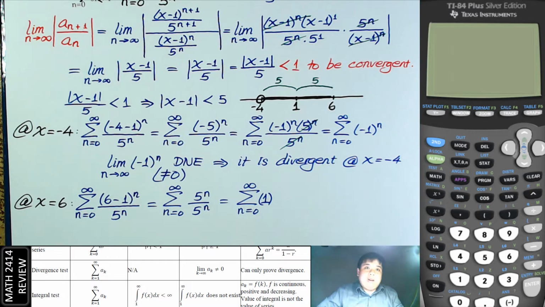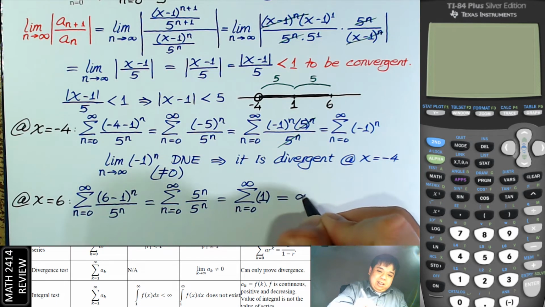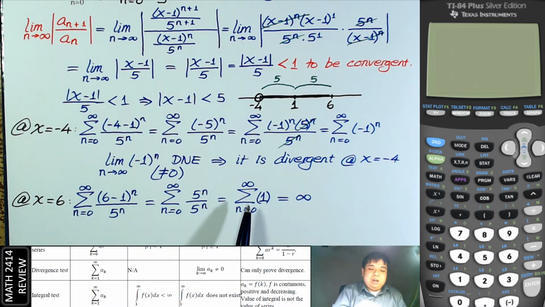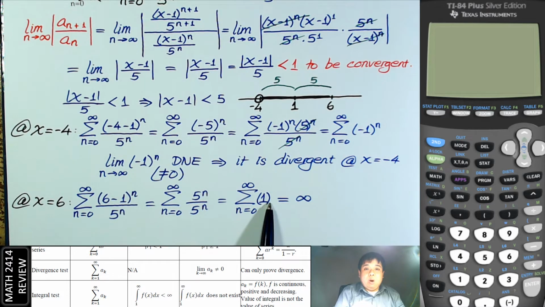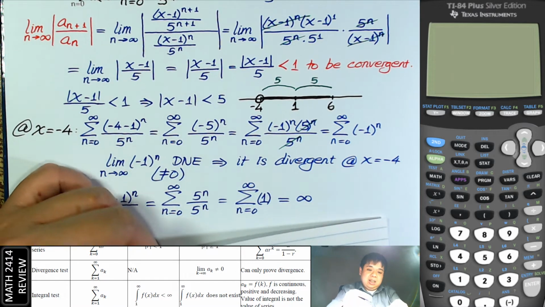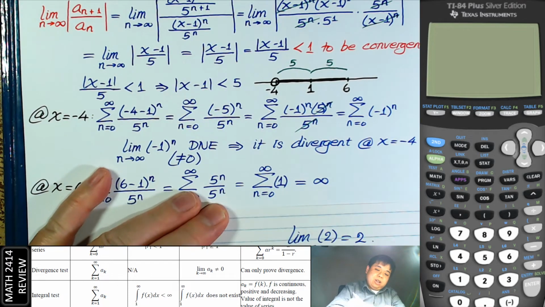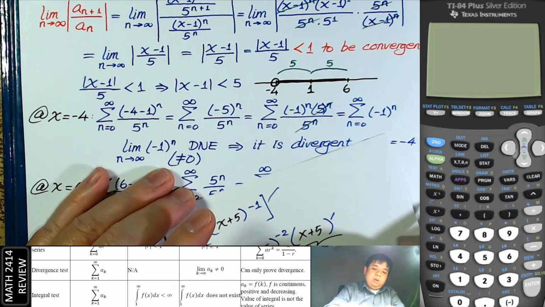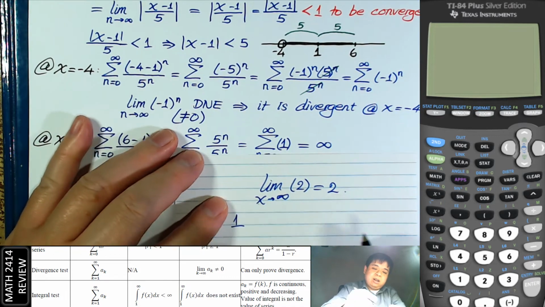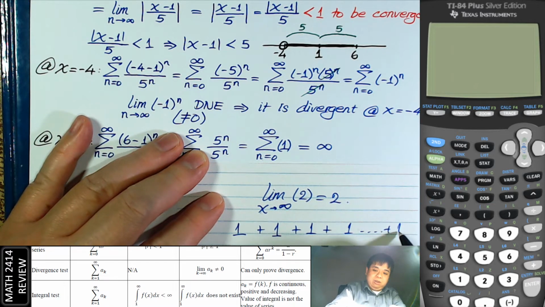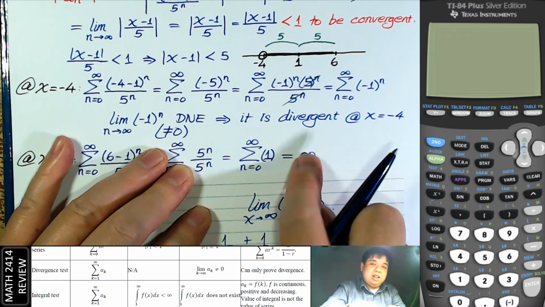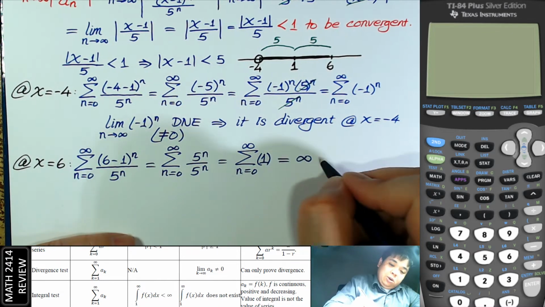Now this one is going to be infinity. Why is that? Because think about this. It is divergent because the nth term does not go to 0. Furthermore, this series is equal to, when n equals 0, we have 1. When n equals 1, we have 1. When n equals 2, we have 1. So just 1 plus 1 plus 1 all the way to infinity. So that's why this is equal to infinity. So it is divergent.